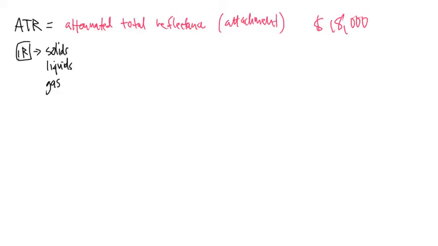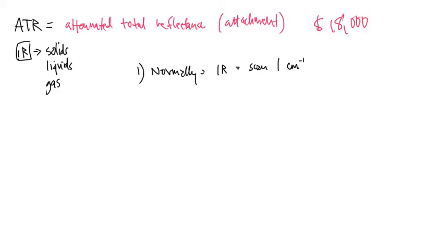All right, so for the ATR, or attenuated total reflectance, what happens with this attachment is that normally, your infrared will go through and it will scan one wave number at a time. 4,000, 3,999, 3,998, 3,997, and it goes all the way down to 600.